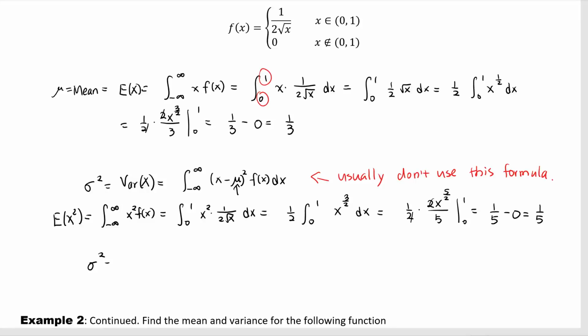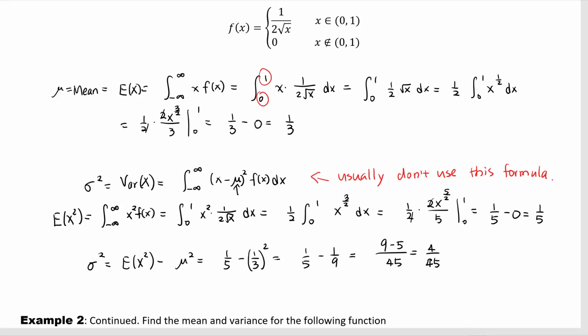Now the variance is the second moment minus the mean squared. 1/5 minus 1/9, common denominator, 9 minus 5, that's 4 over 45.